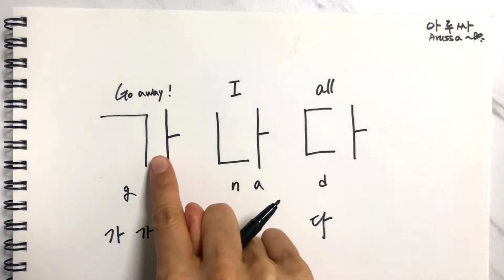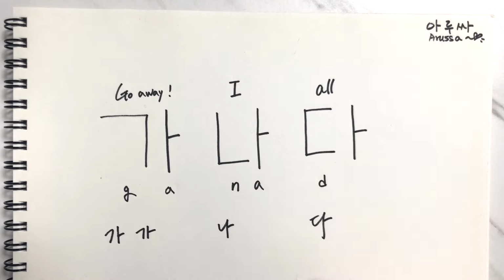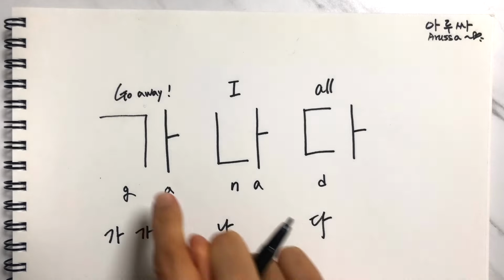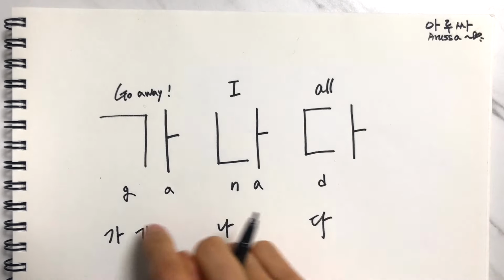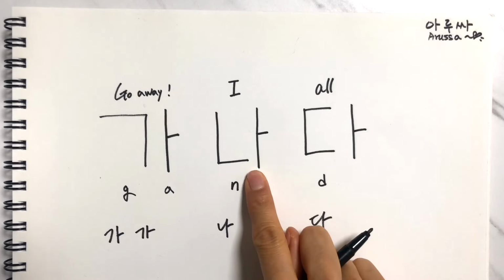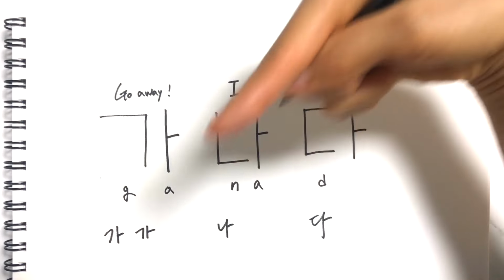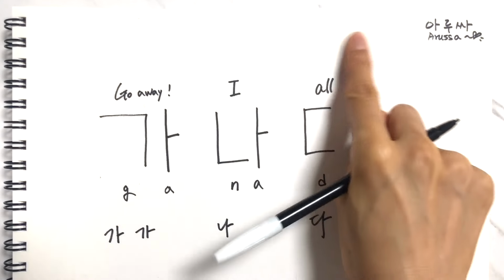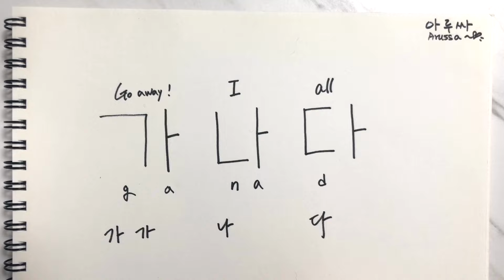We can now read Canada and write Canada. At the same time, we can use each word for some expressions. Go away, 가. 나 means I. 다 means all. Cool.